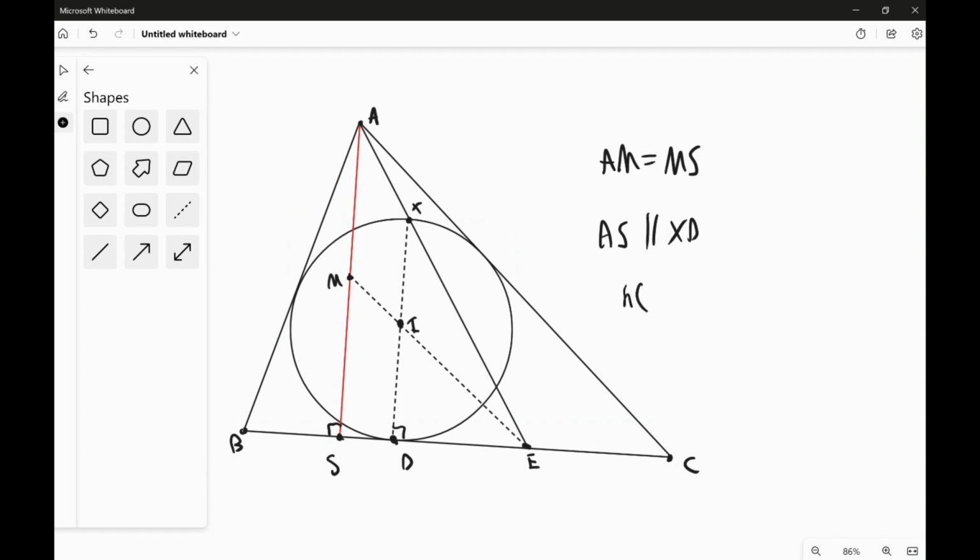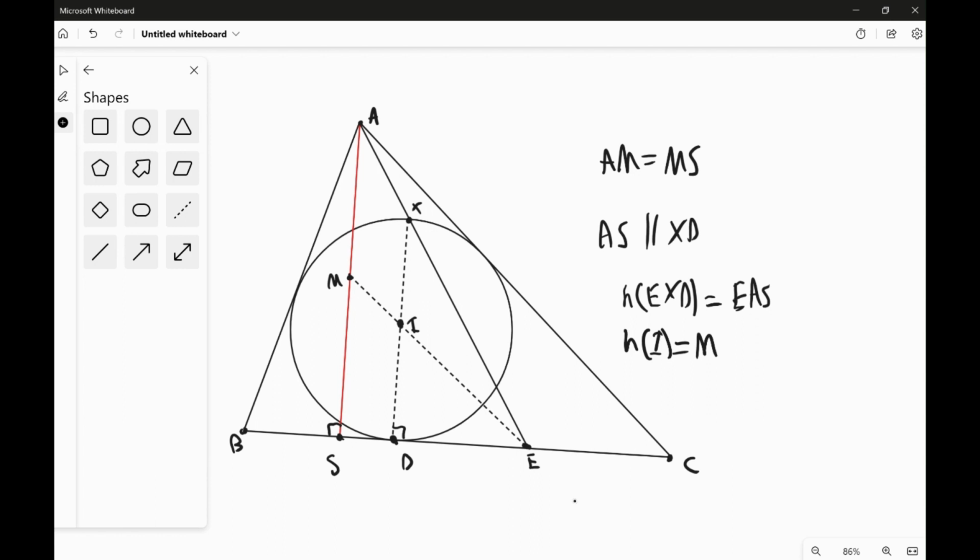So there exists a homothety H that maps EXD to EAS. And since EI meets AS at M, we know, from what we said earlier, that H of I is equal to M.